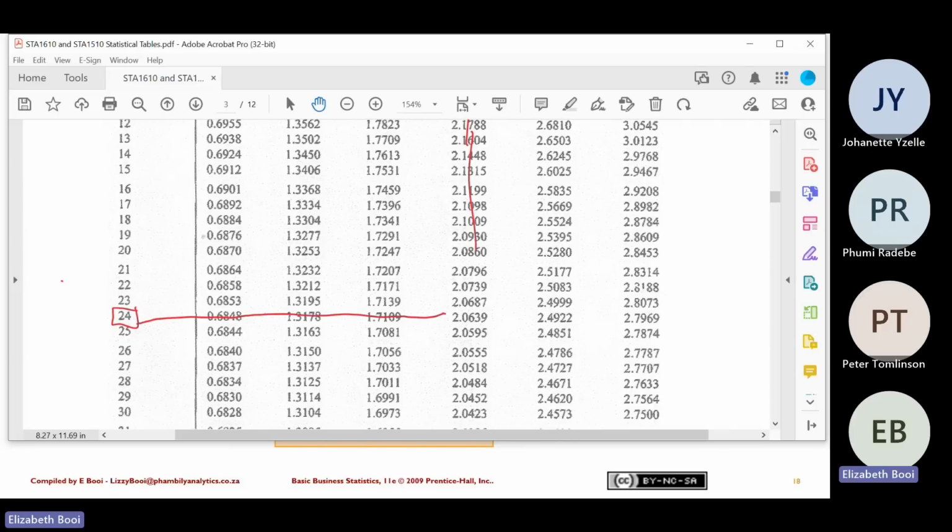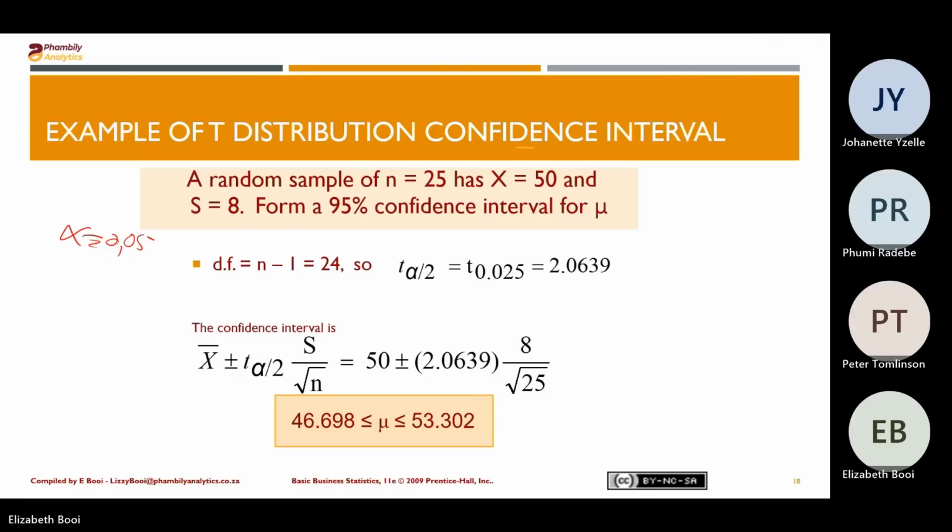That will be our critical value. So our critical value is 2,0639. 2,0639, and we substitute into the equation. Now, our population standard deviation is unknown because they didn't give us, but they gave us the sample statistic, the sample standard deviation.